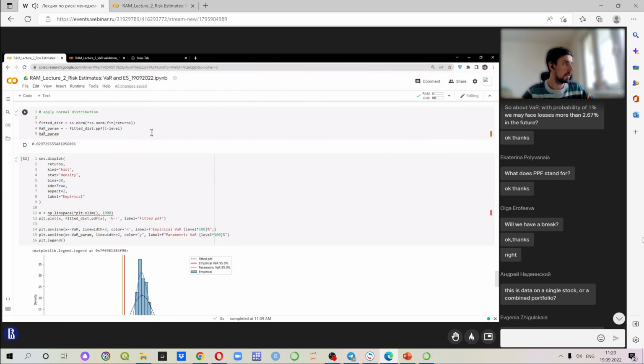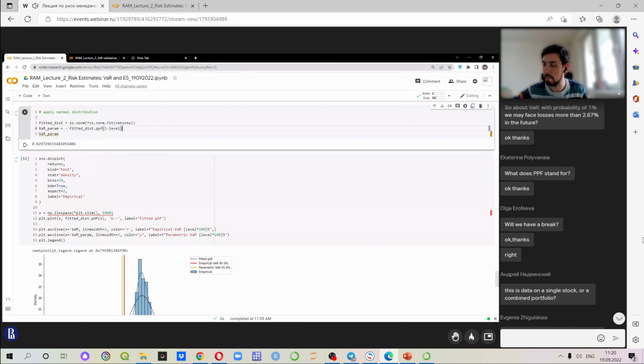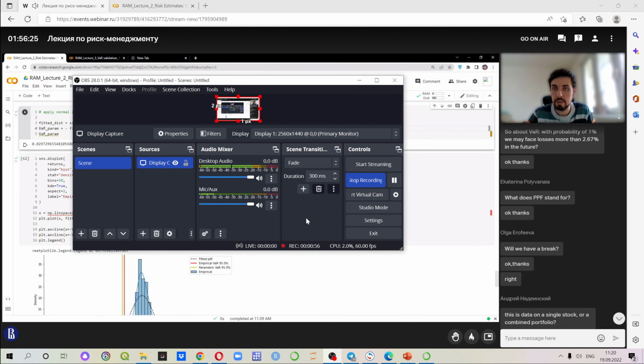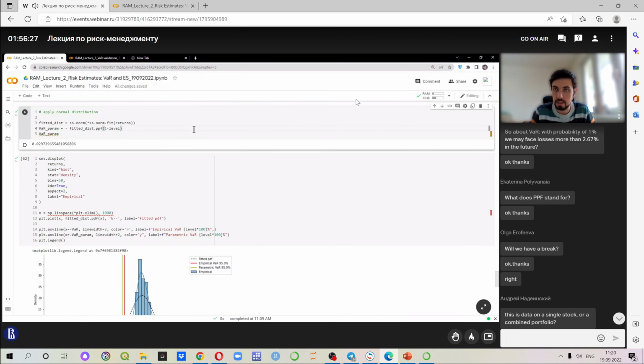So now we know that in order to calculate value at risk the parametric way from an explicitly specified distribution, we can use just one line of code, applying the PPF method from Stats, and that's it.